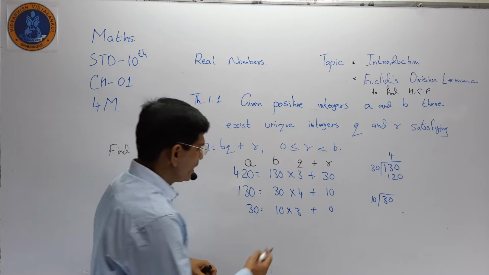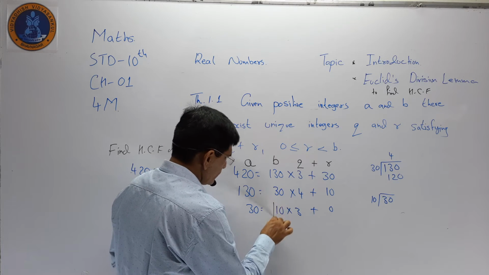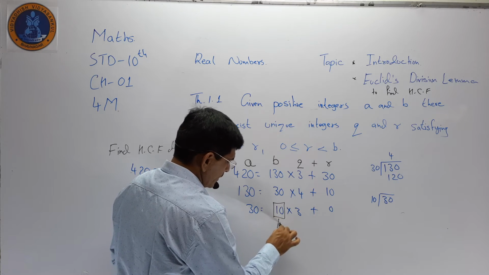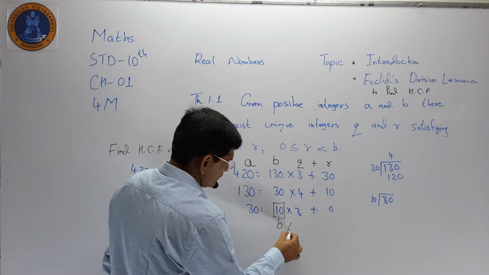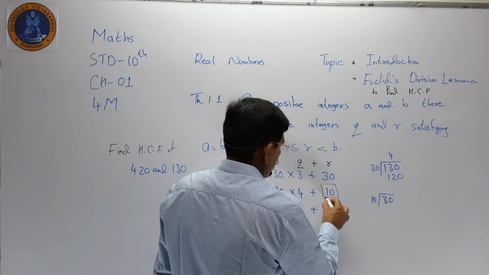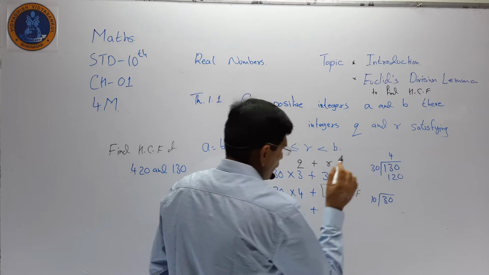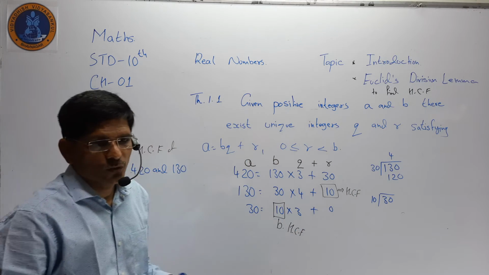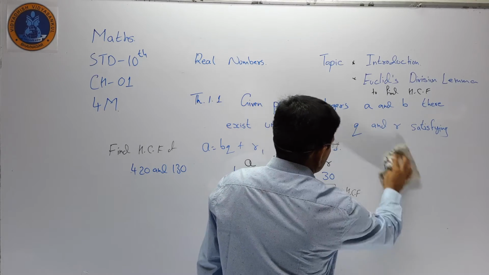So value of b at here, that is my HCF. We can write it here, or we can write HCF at here. So two different ways we can get answer HCF.